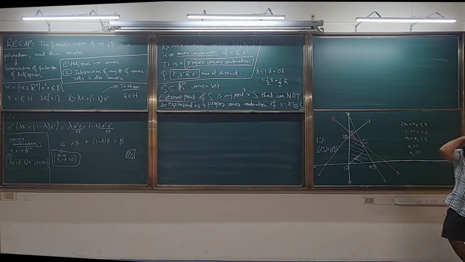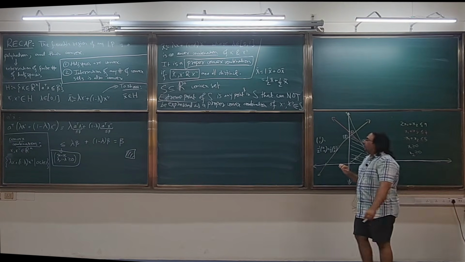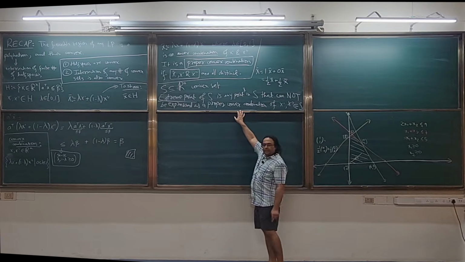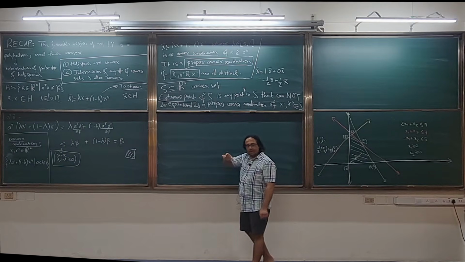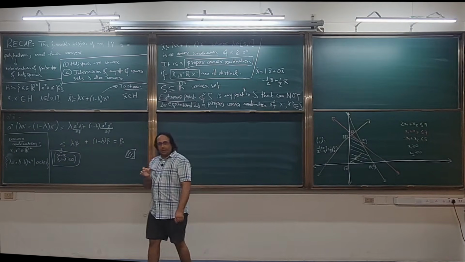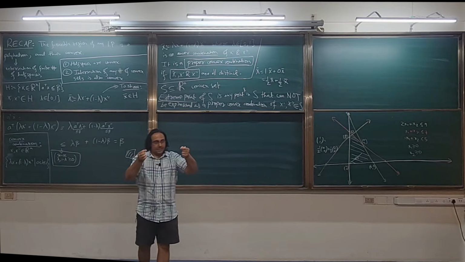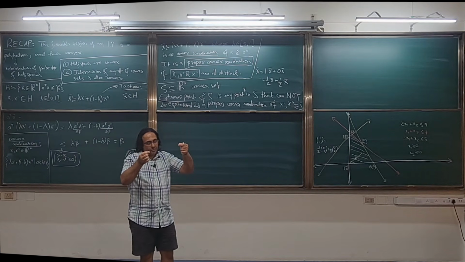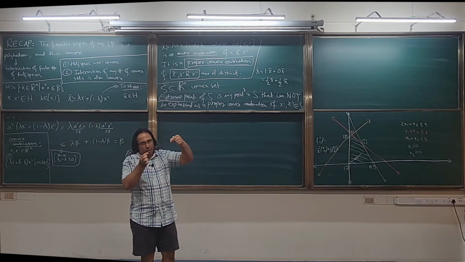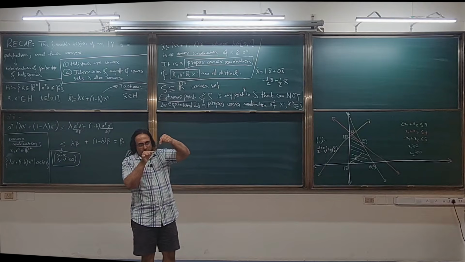So what's next? If you look at this definition of extreme points, it's very geometric in a sense. Of course we have written it in words, but what it really means is that a point is not an extreme point only if you can draw a line segment going through that point.